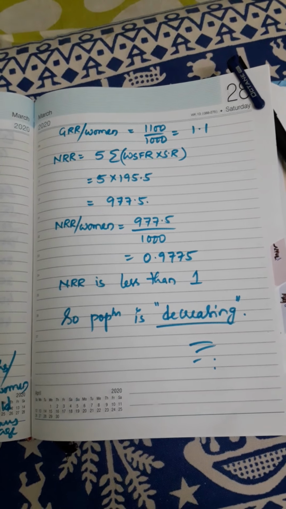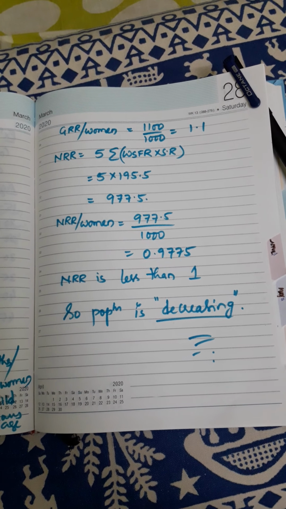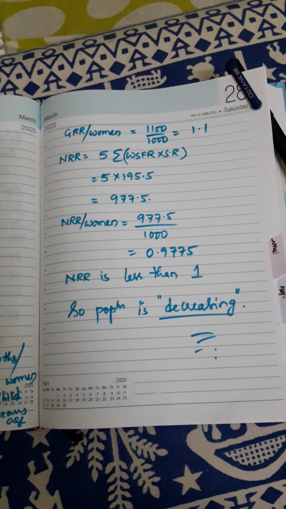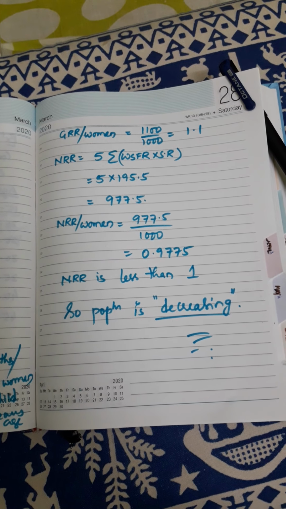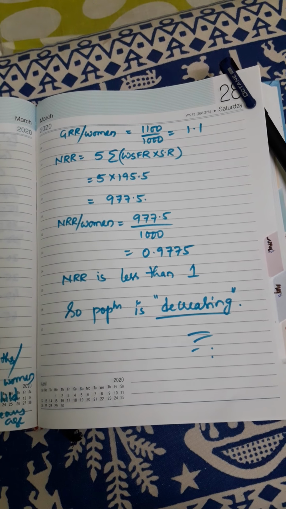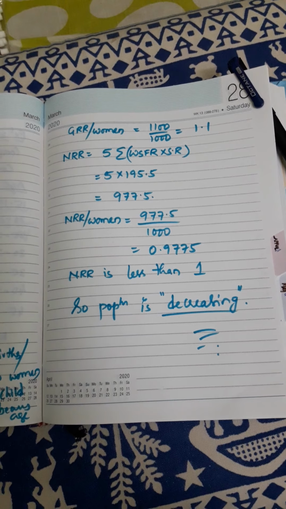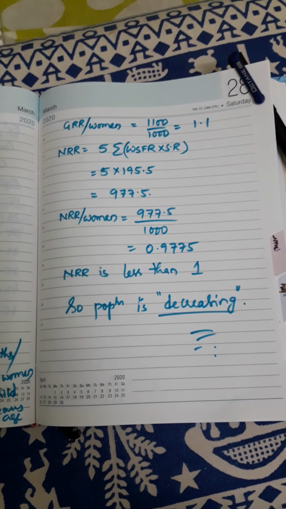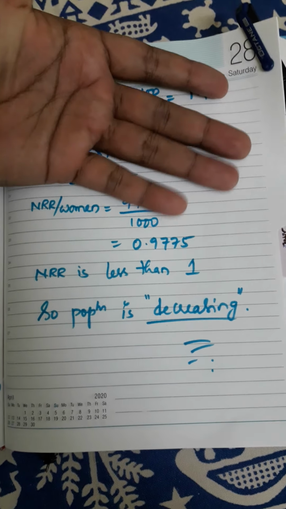I have told you every time, whenever you calculate GRR and NRR together, to draw the conclusion for the given data, ignore GRR and consider only NRR. Check only NRR.